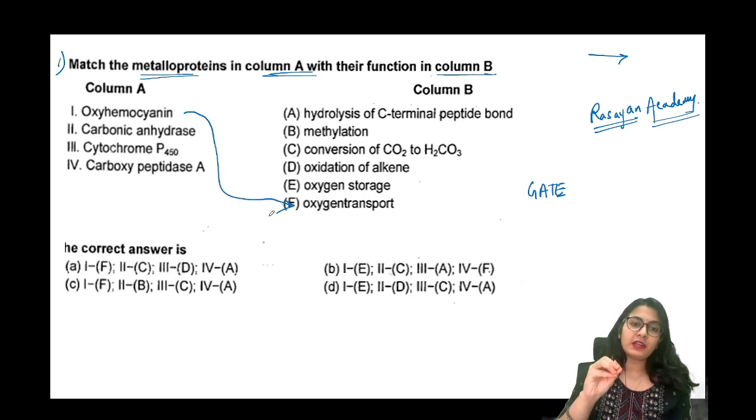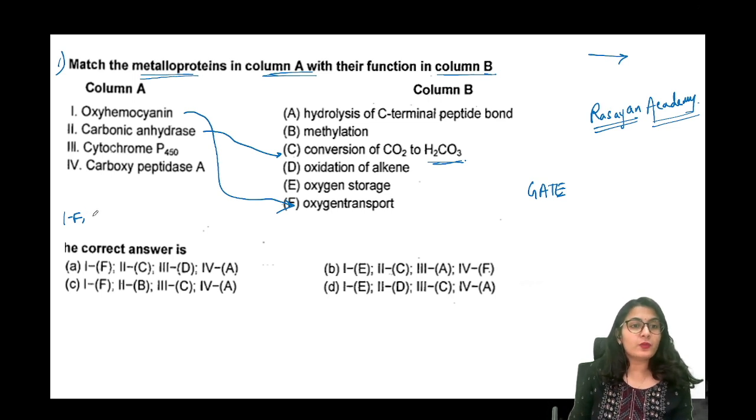So 1 is going to match with F. Then comes carbonic anhydrase. You know about these zinc metalloenzymes. What is their function? Conversion of CO2 to carbonic acid or bicarbonate. Now 2 is going to match with C.